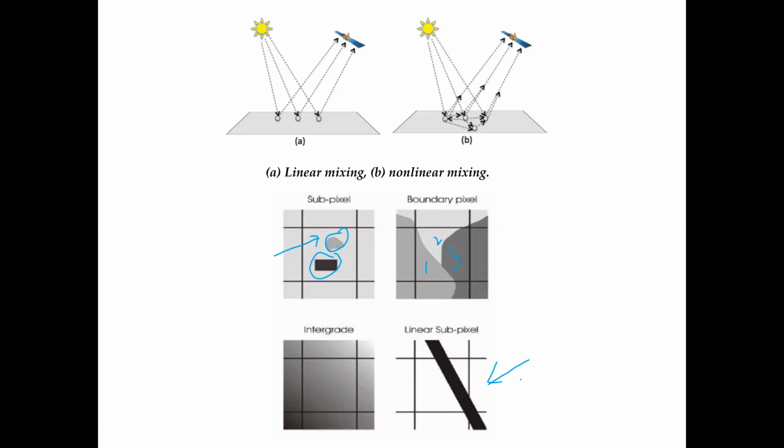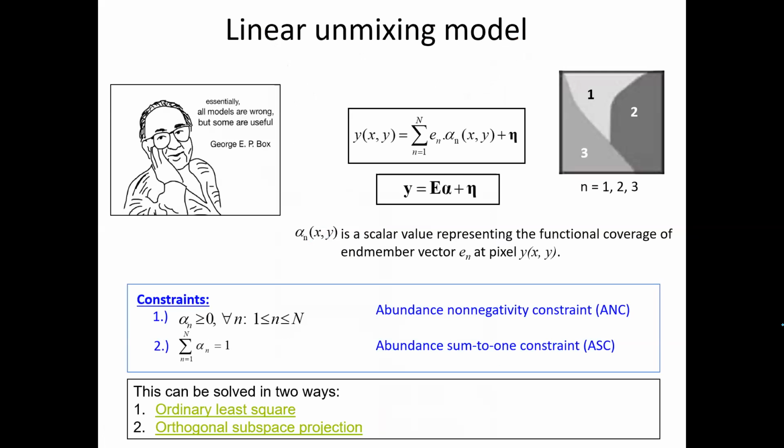This could be a road, for example. All these are examples of a mixed pixel. For a long time, there was a paper published in 1992, and that method was the only method available for almost 10 years to solve this kind of problem.